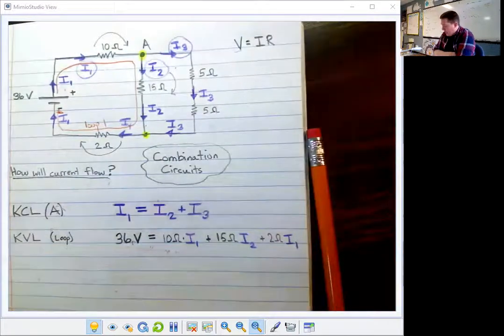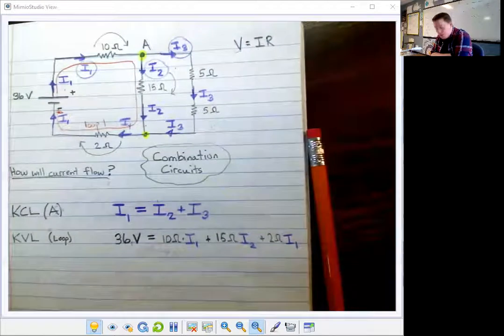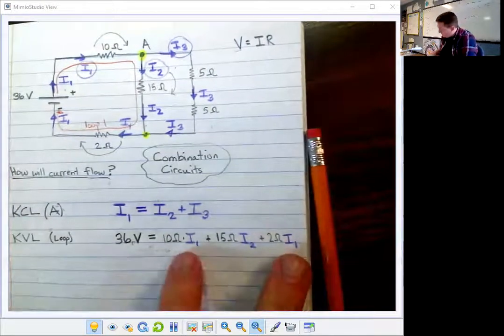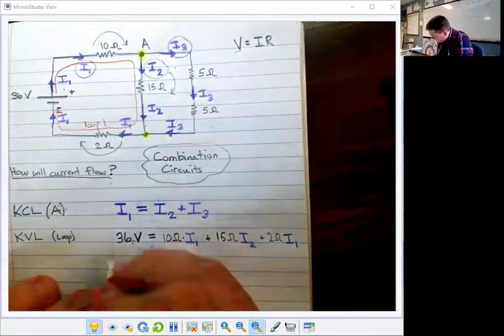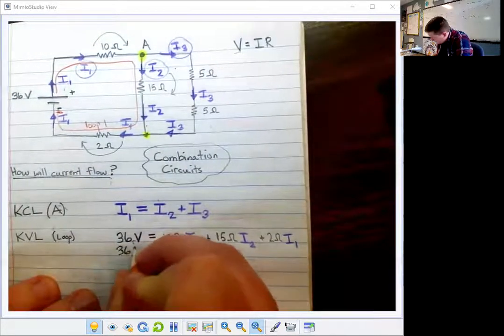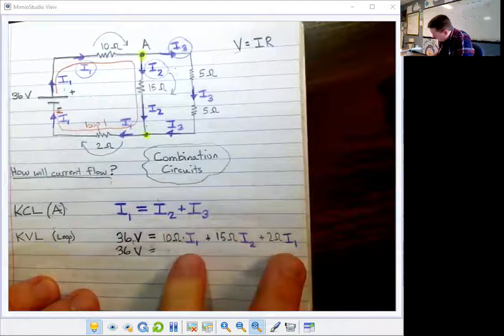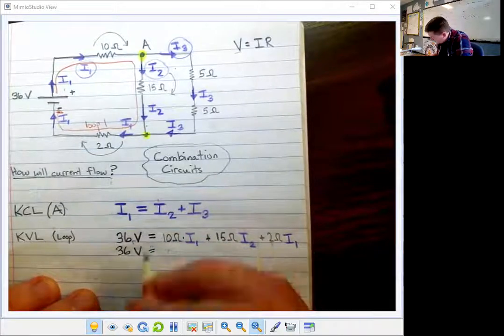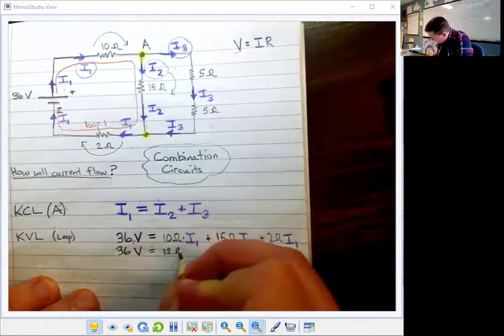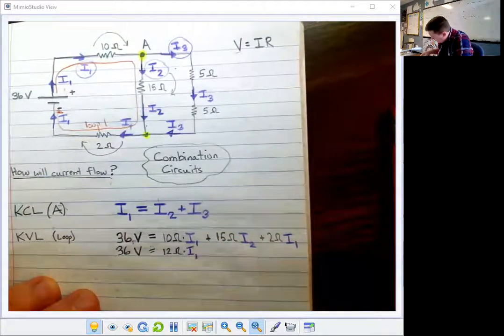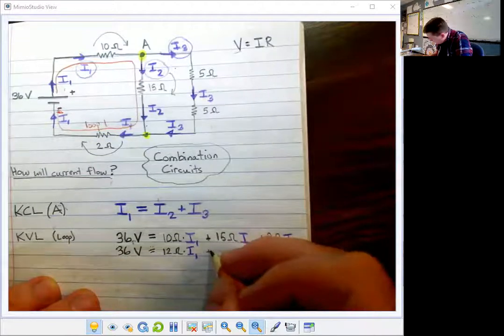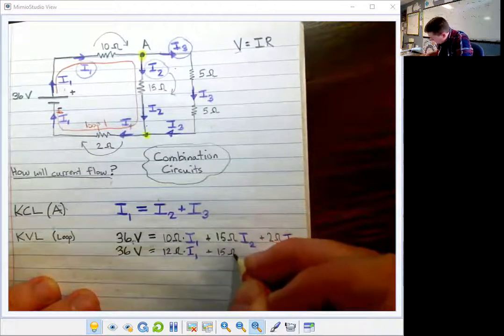Okay, now I have 2 equations. Now I can simplify this equation by combining like terms. That's what I'm going to do right now. 36V. We have 2 I1s, so I have 10 plus 2 is 12 ohms times I1 plus 15 ohms times I2.